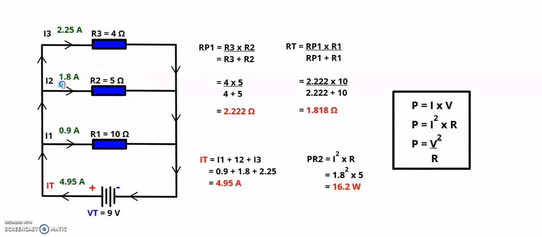Here I have the current through that branch, I have the resistance of that specific resistor, and I also have the voltage drop over that resistor, which means I can use any one of these power formulas.